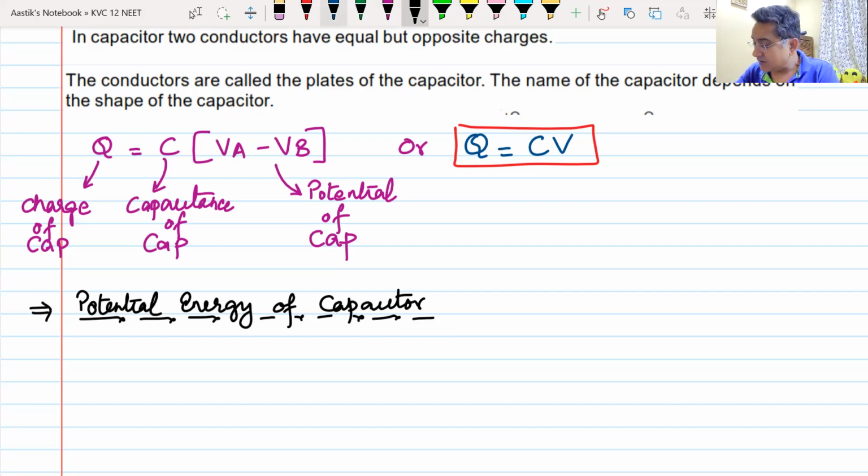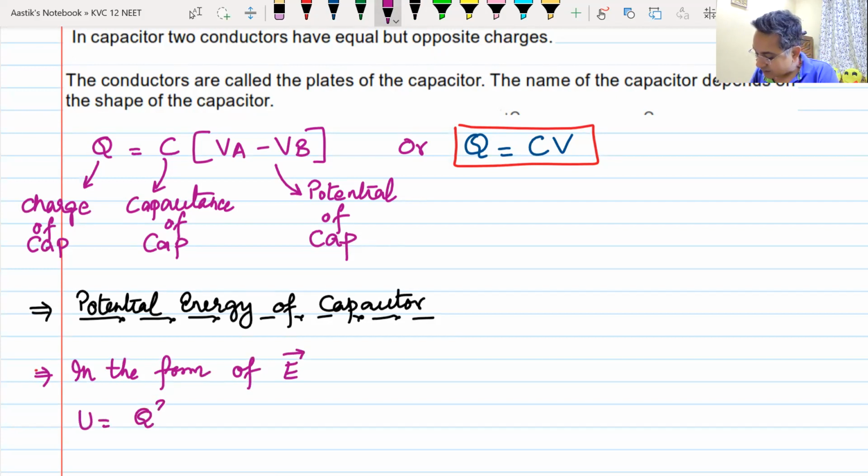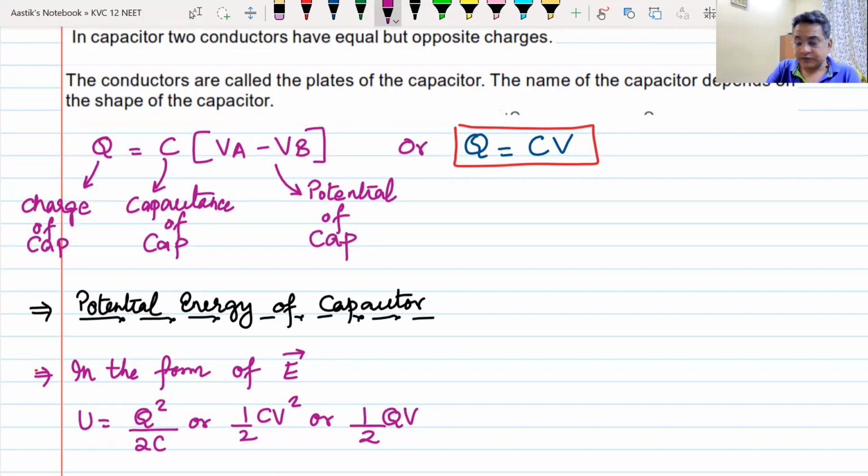So how does it store energy? It stores energy in the form of electric field. And how much energy does it store? Well, you can write it as Q square by 2C, or you can write it as half CV square, or you can write it as half Q times V. This is how the energy of a capacitor can be found out.